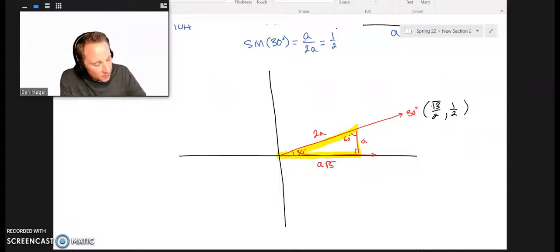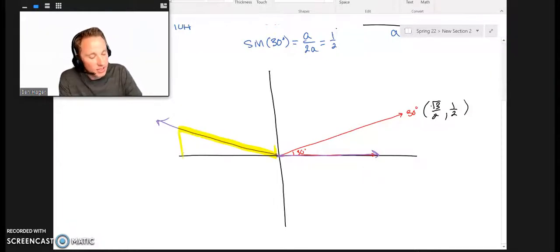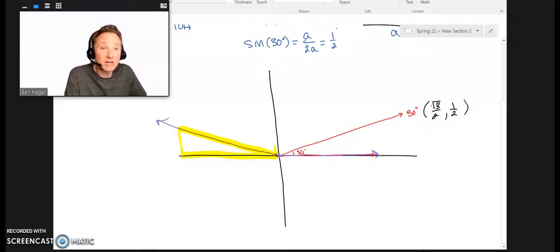Well, let's see if I can clean some of this up. This angle also would have the same cosine and sine values, because if you take a look at it, it forms a 30-degree angle with the x-axis, or a 30, 60, 90 right triangle with the x-axis.